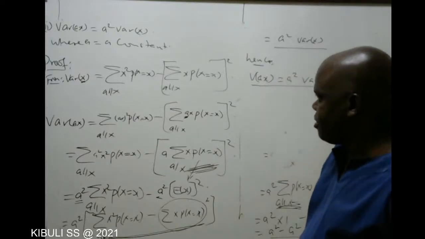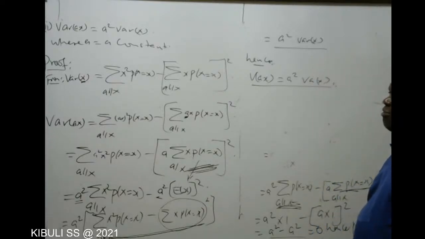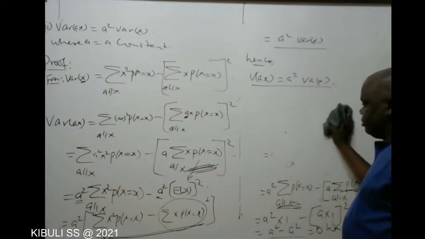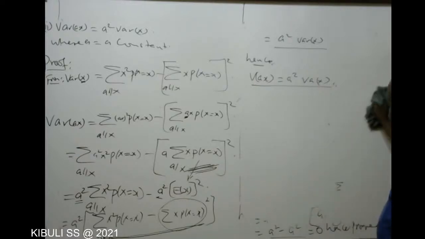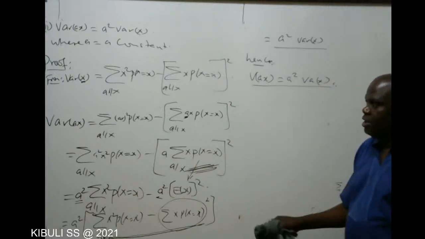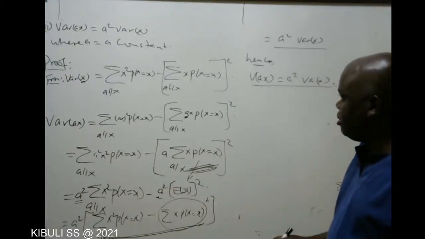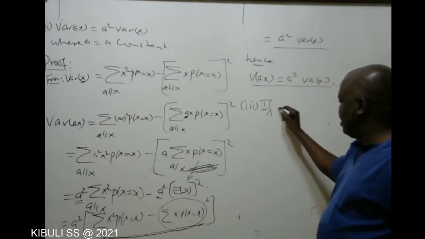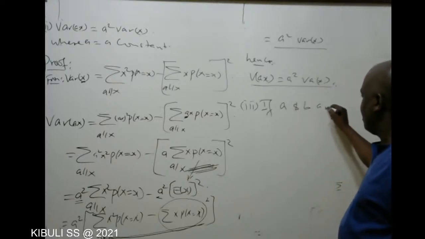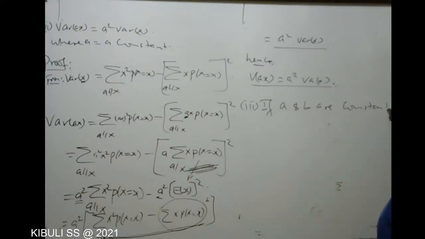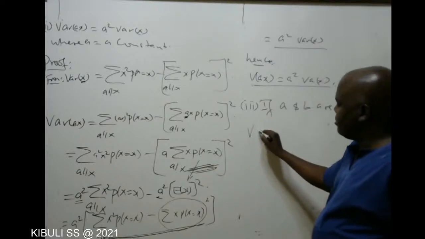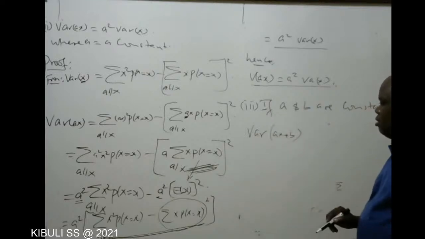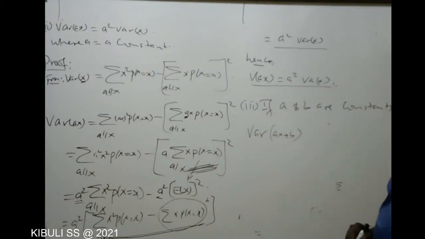Another very important property, which you need to master, and which I'm going to show when we begin the applications, is this. You also need to know that if A and B are constants, the variance of AX plus B, somebody should be able to guess.